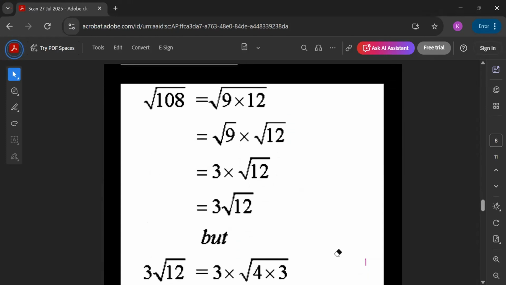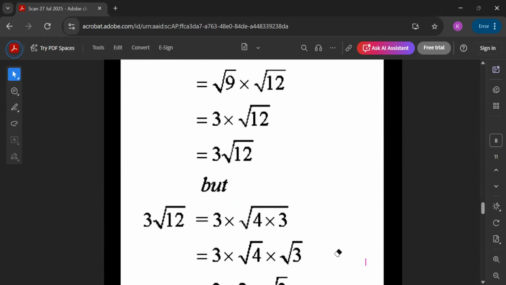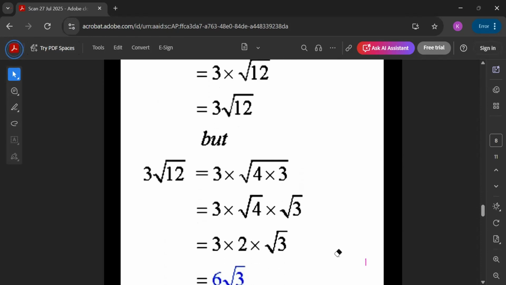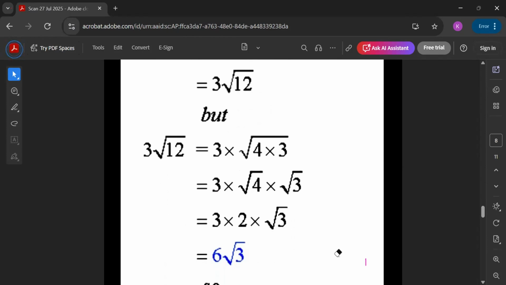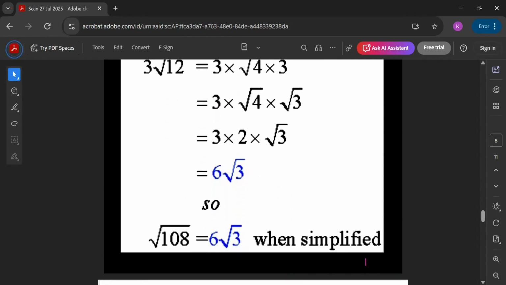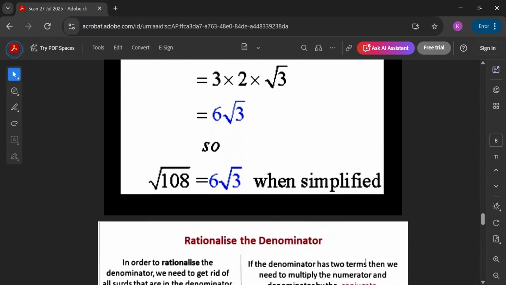Now, one important thing to remember is that 3 root 12 is not the ultimate answer because it can be further turned into a product of factors. So root 12 can be written as root of 4 times 3. Then separating out, we take the square root of 4, and square root 3 is left as a surd. So 6 root 3 is our answer. This is an important point to remember.